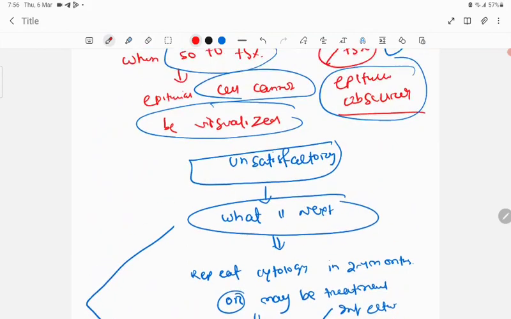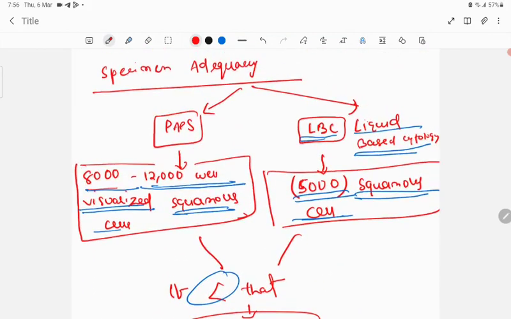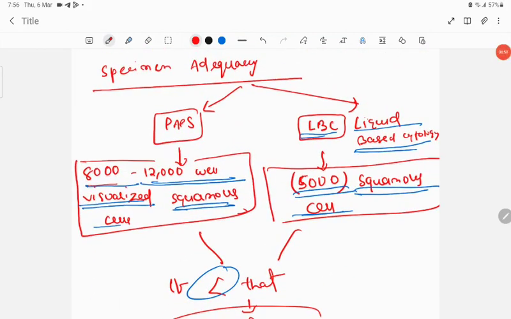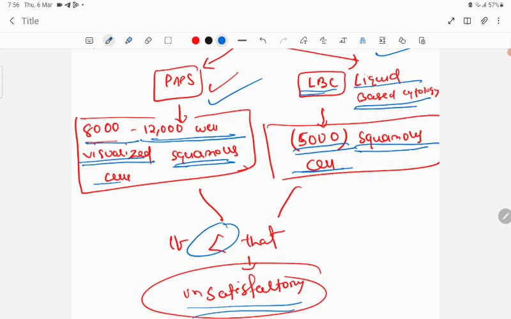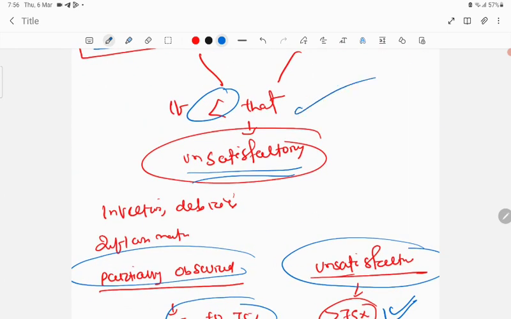Overall, I will give a recap of this lecture. For specimen adequacy, a PAP smear needs 8,000 to 12,000 cells and liquid based cytology needs 5,000. If less than that, you call it unsatisfactory.